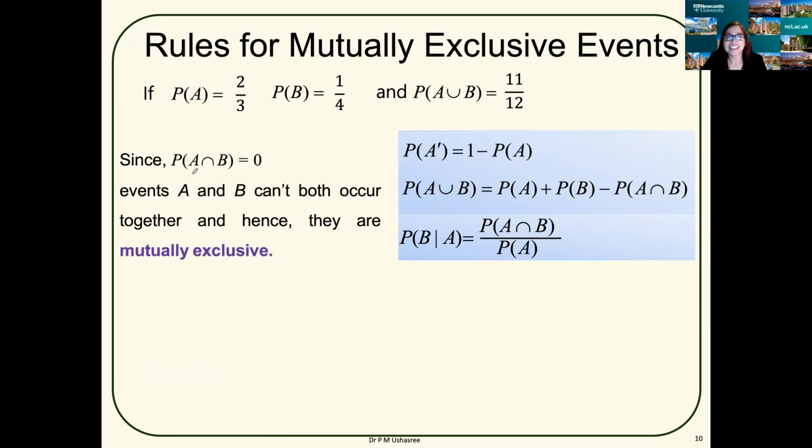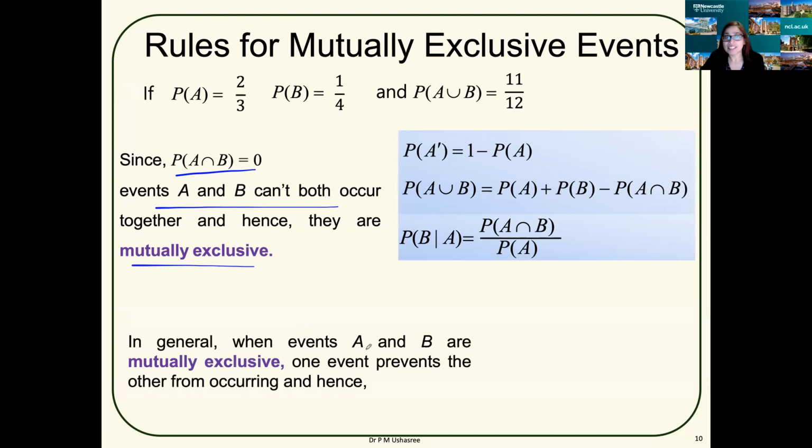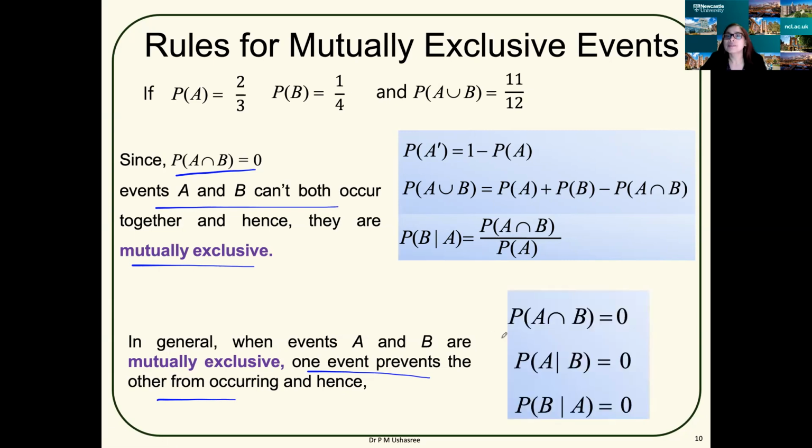So we can say that when P of A intersection B is 0, the events A and B cannot occur together, hence they are mutually exclusive. Okay, so in general, when events A and B are mutually exclusive, one prevents the happening of the other. And the condition is, if you can prove that P of A intersection B is 0, that means the two events are mutually exclusive.